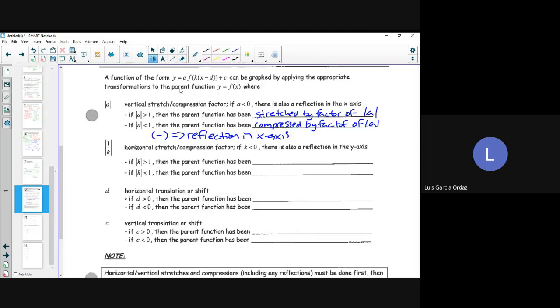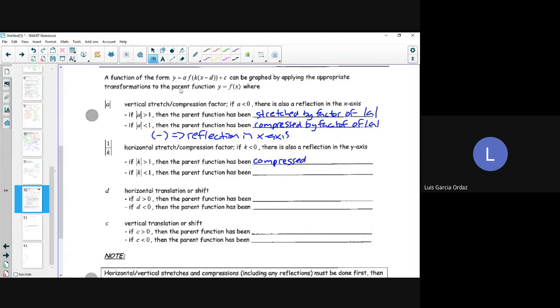So the ones in the brackets get most people confused. If the absolute value of k is greater than 1, the parent function is what? Compressed or stretched? Compressed. Yep, it is compressed. Whatever you see in the bracket is the opposite.